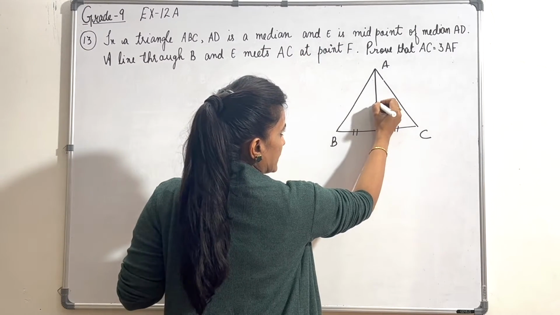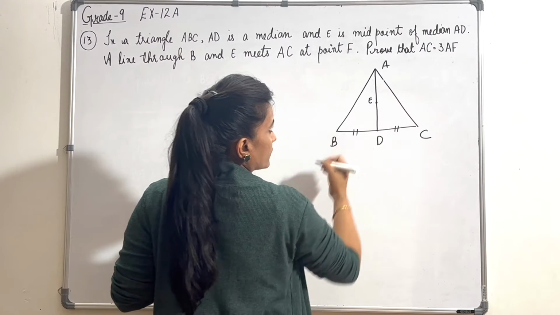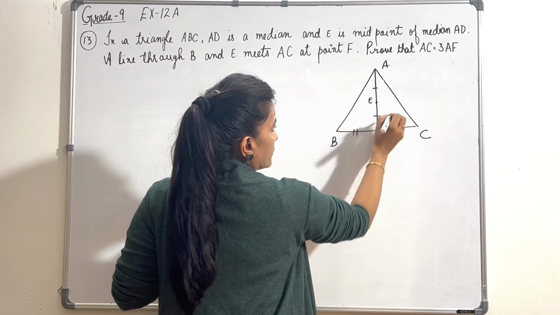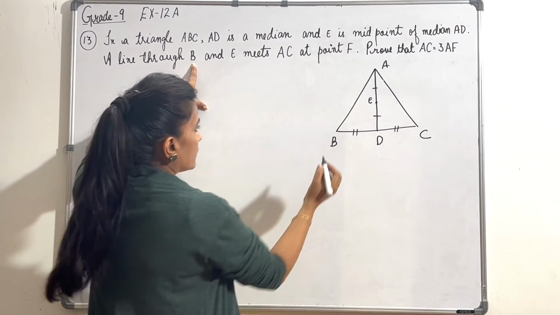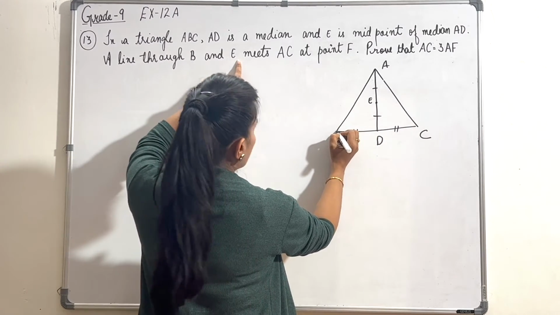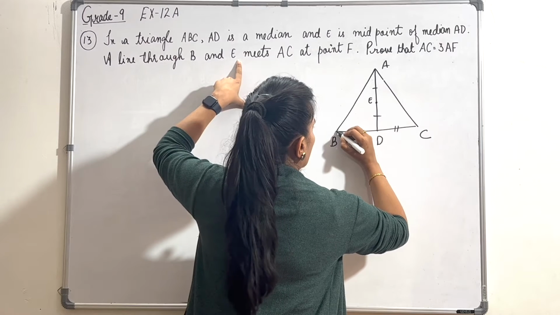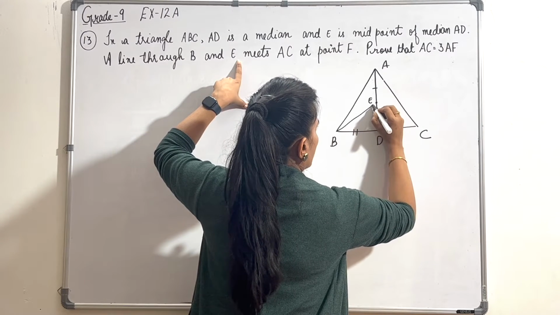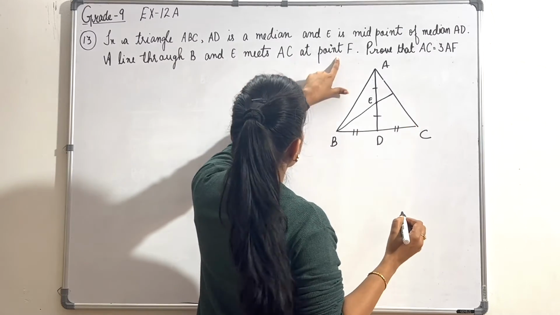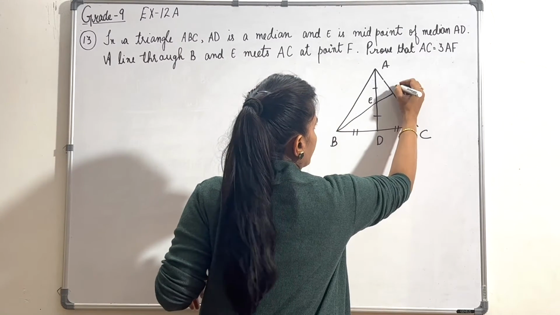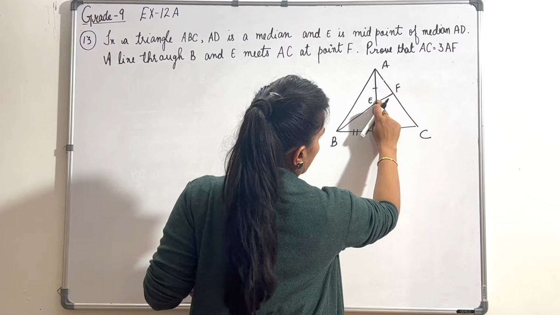So here E is the midpoint of median AD. A line through B and E. So we have to draw a line passing through B and E. This line meets AC at F. Okay, this is a straight line.